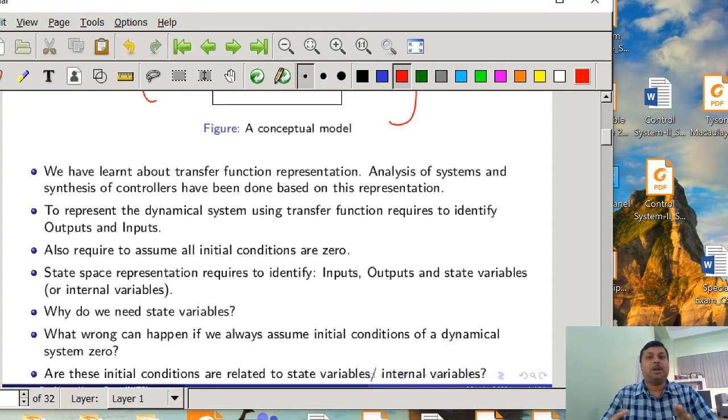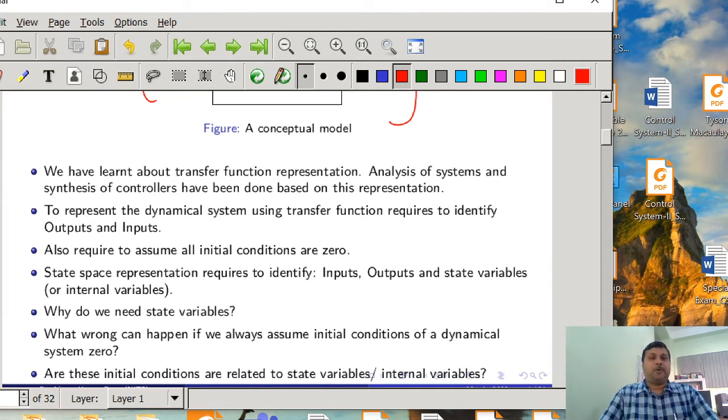Once the input and output are identified, you will apply the fundamental laws to find the differential equation which relates the input and output and describes the dynamics of the system. Then applying the Laplace transform, you will find the transfer function, and you will assume that all initial conditions are 0.